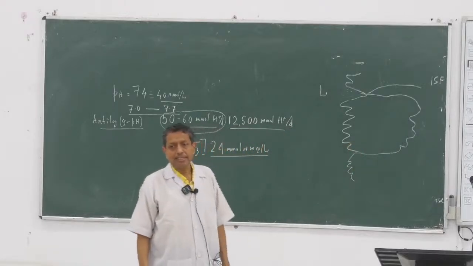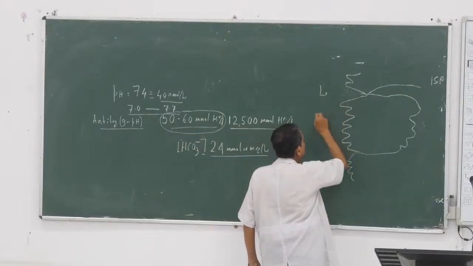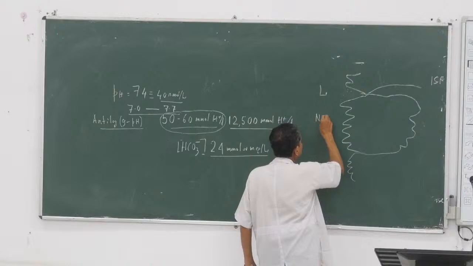From the luminal side, there is sodium ion and bicarbonate anion.